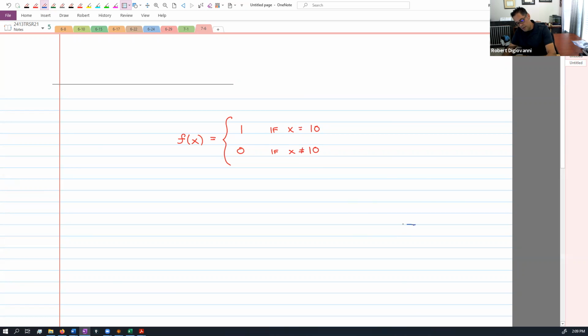If you were to look at this function and graph it, at 10, it's 1. So if I go out to 10, you go up 1 and you put a dot. That's the graph of that function. But if you're not 10, it's 0. So everywhere else, it's 0. Now I'm going to put a little hole here because it's actually a dot up here.